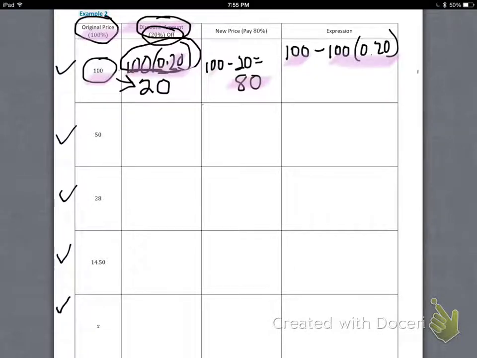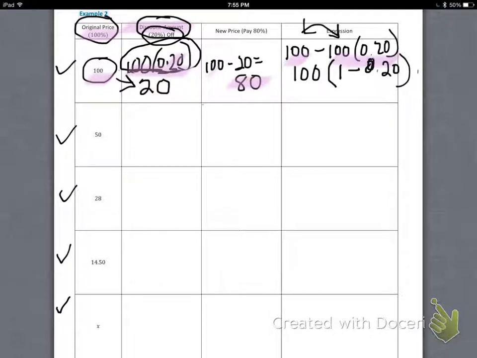Now we can combine this, and we can make this look a little simpler, because we have these two 100s here. We could put 100, and then parentheses, 1 minus 0.20.